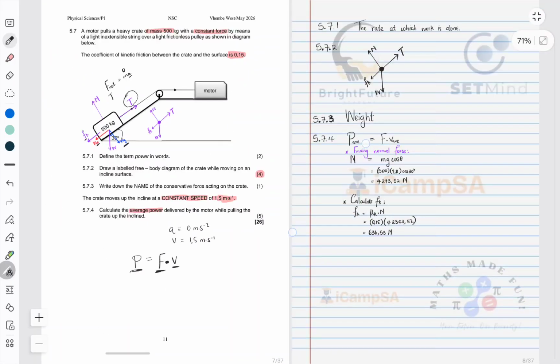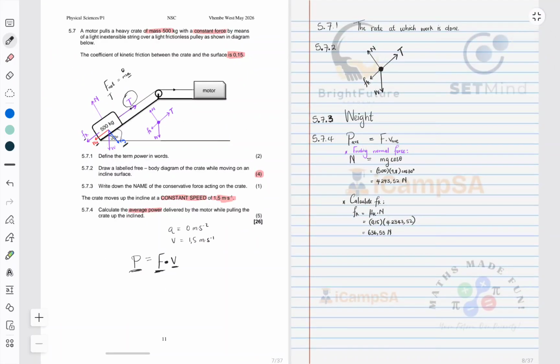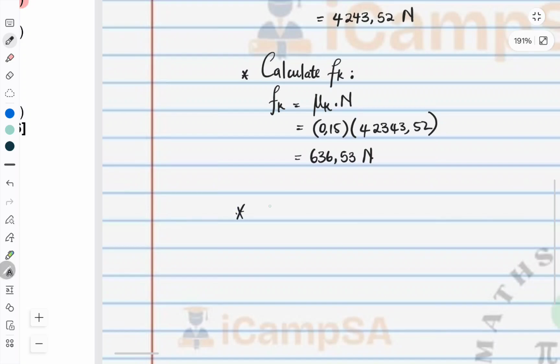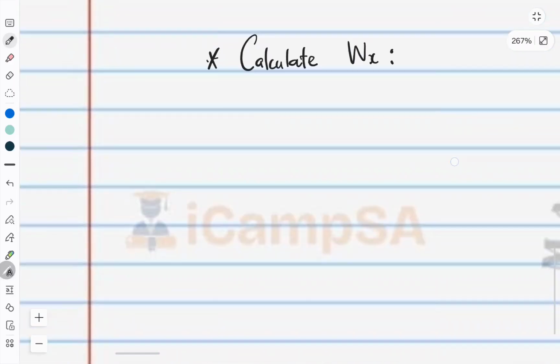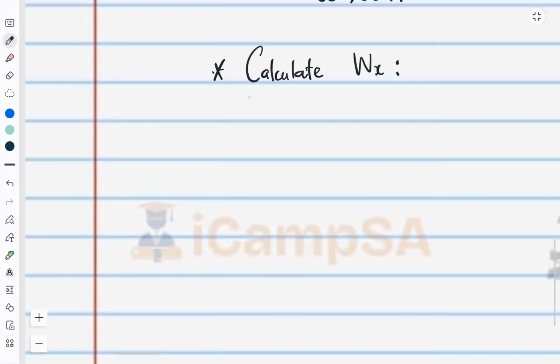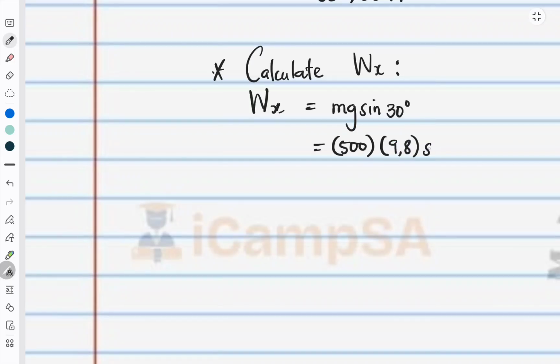Now what else do I need? Now I need to find my Wx. These are all the forces that will be involved in my equation when I start saying F net is equal to ma. So Wx, which is my parallel component of the weight, is simply mg sine 30 degrees, which is 500 times 9.8 times sine 30 degrees.